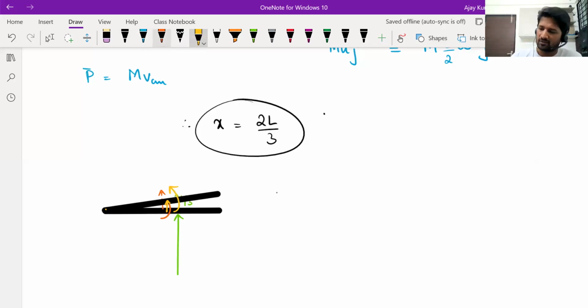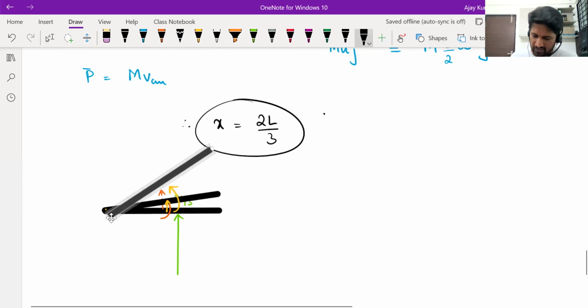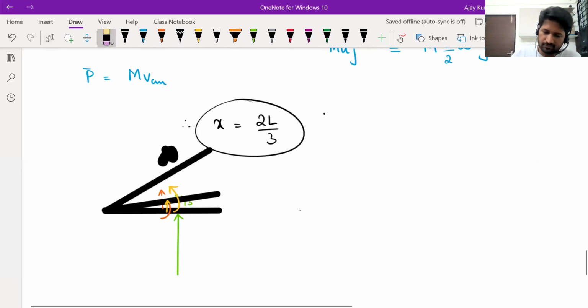The rod cannot always rotate about that end. If it's completely free, that is impossible. Just for one instant, it will behave like that, while the collision is happening. That is what we have found.